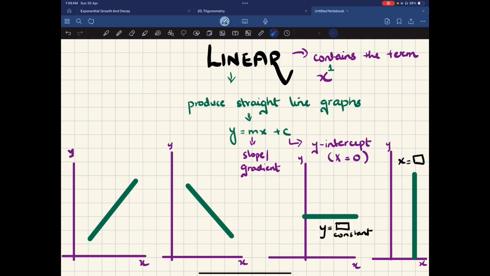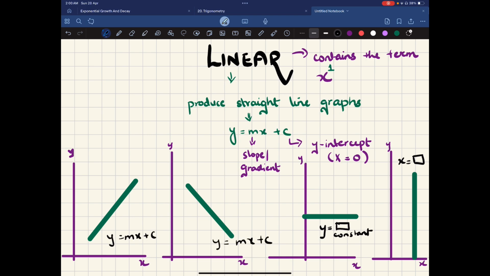So the rule here is that you have to read your graph from left to right, always. Okay, that is how you're going to read from left to right. So in that case, this is an upward sloping line. Left to right, this is a downward sloping line. Okay, the equation for these lines will always be in the form y is equals to mx plus c.